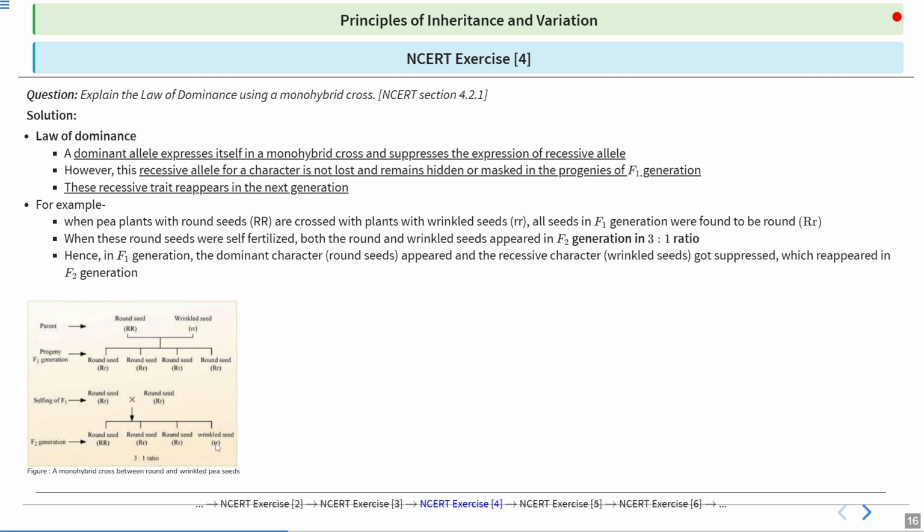Here the genotype of the F2 generation is also mentioned. Capital R capital R, this will be round seeds. Capital R, small r, this will show the phenotype round seeds. Capital R, small r, this will also show the phenotype round seeds, and small r small r, this will show the phenotype wrinkled seeds. Here you can see this recessive trait only appears in the homozygous condition. Okay, so this is a figure showing a monohybrid cross between round and wrinkled pea plants.